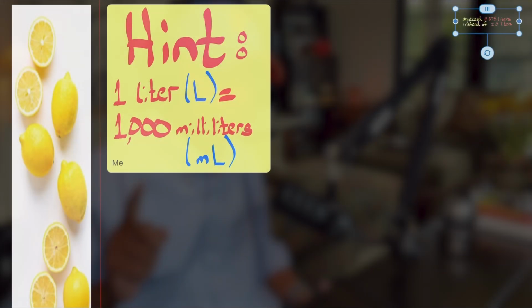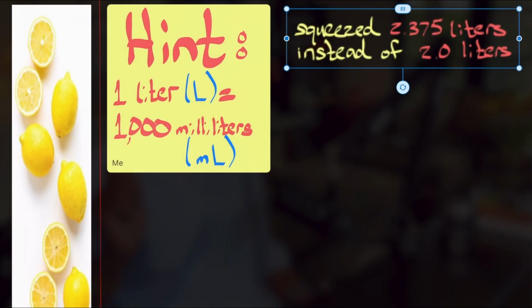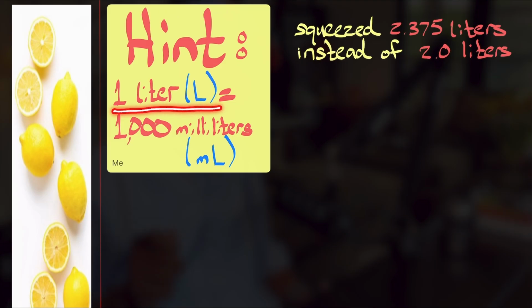So we know that 1 liter equals 1,000 milliliters. Milli means 1,000th with the TH. So that's 1,000 times or 10 to the third times as large a number, even though it's the same amount, of course.